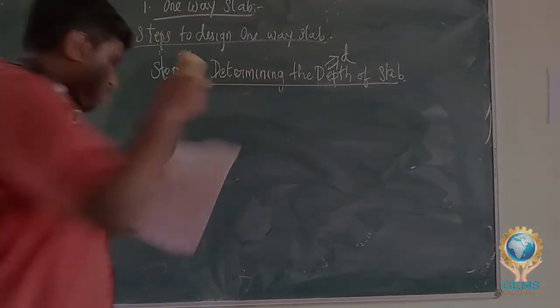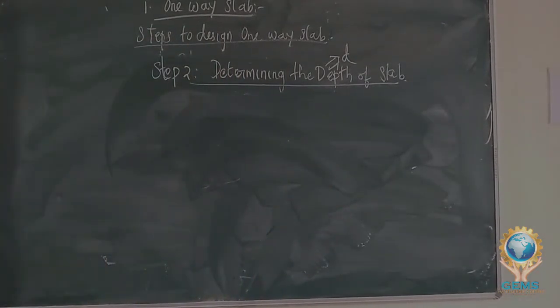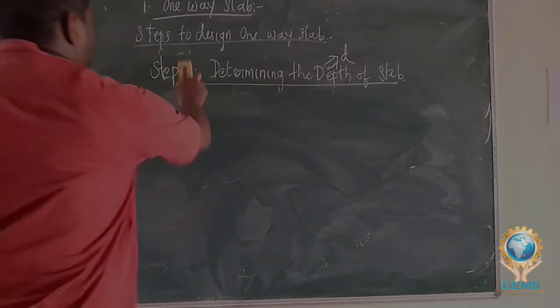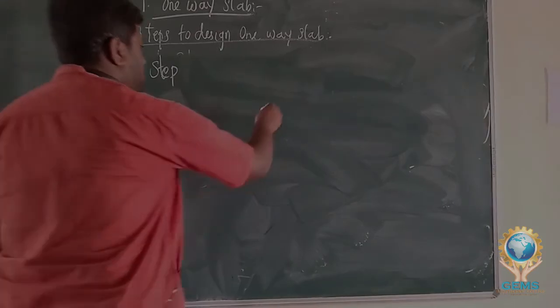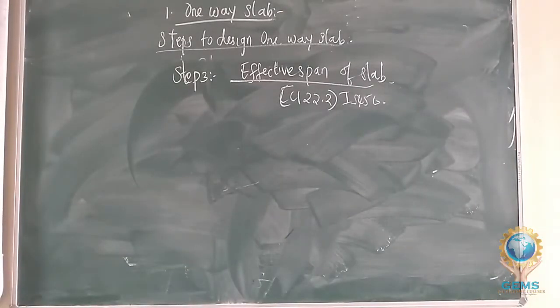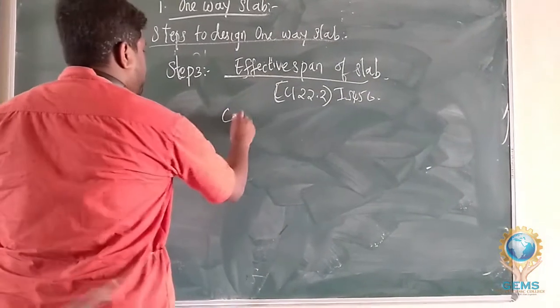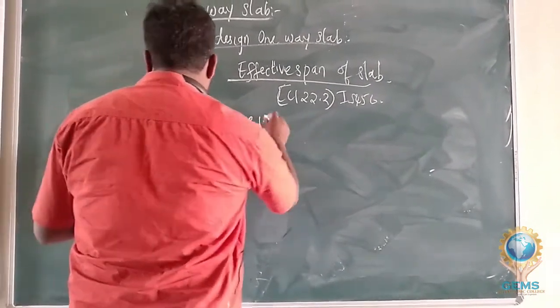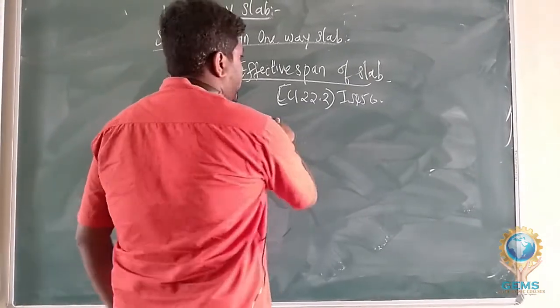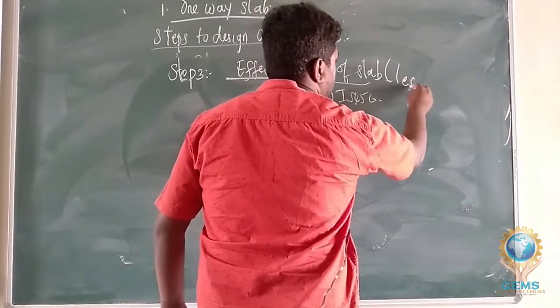Okay, so next one we are going to calculate. Step number 3 is the effective span of the slab. There are two cases to find the effective span. So case 1: the effective span is known as L suffix EF.